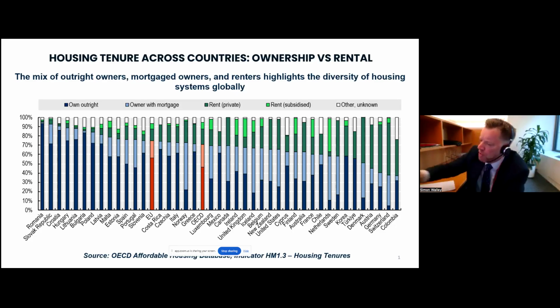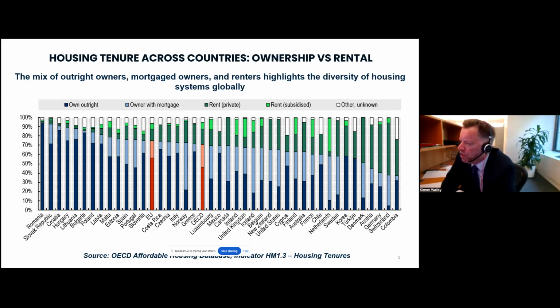And then at the other extreme, you have countries which would seem to have very low ownership rates, particularly Austria, Germany, Switzerland. And again, there's a backstory. The truth is, people own property in Germany and Switzerland, but they rent themselves, and the property they own, they rent out, and that's more to do with the tax frameworks.